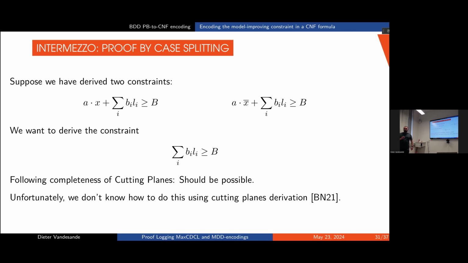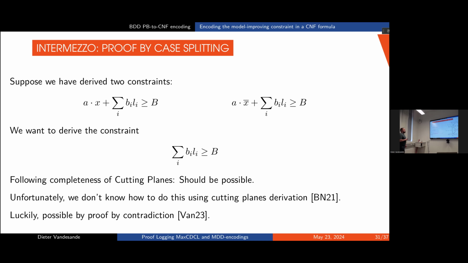And there is someone who wrote a chapter on proof complexity in the Handbook of SAT, and they say, sorry, we don't know how to do this. And there, by the way, it's called fusion resolution. If you ever did that. Luckily, we are able to do that, and that's a proof by contradiction. And I have an extra slide in the backup slides if you want to see that.